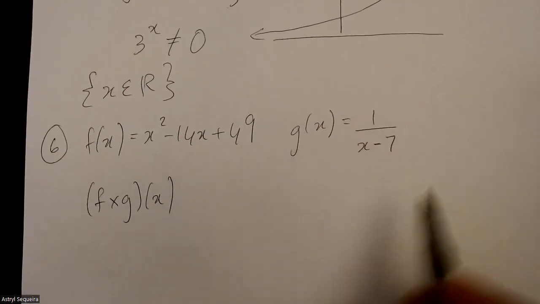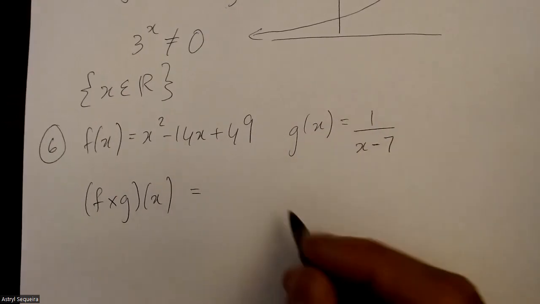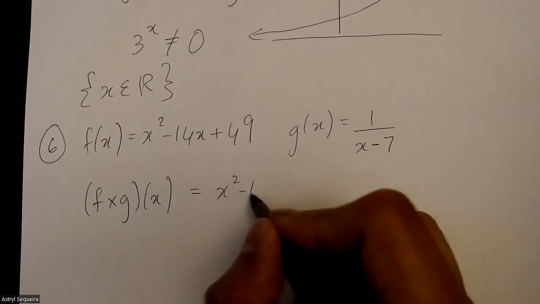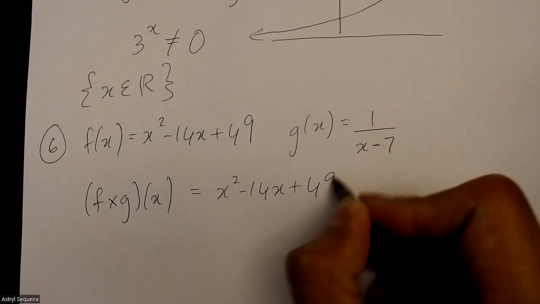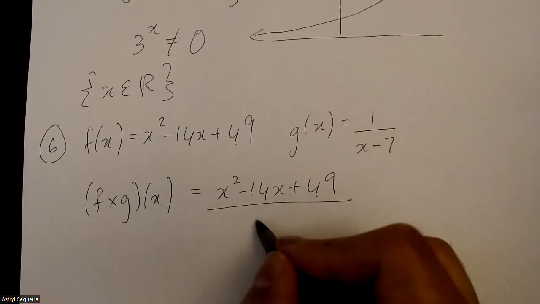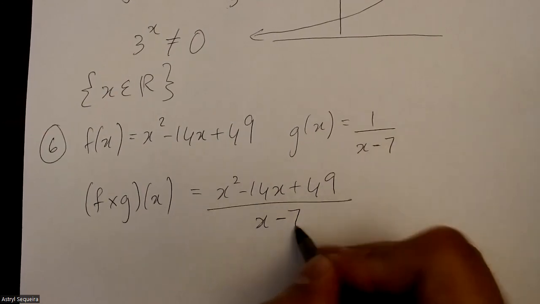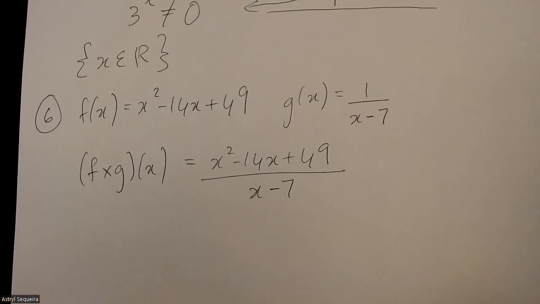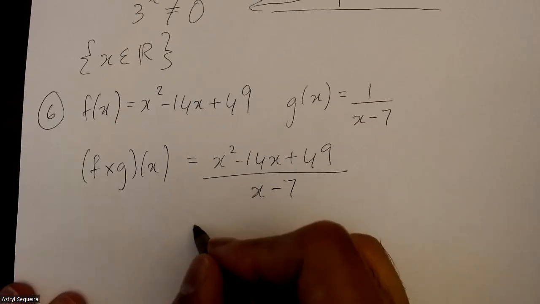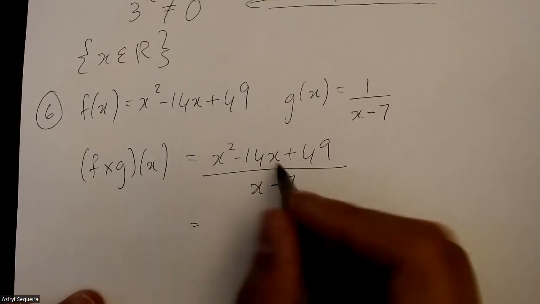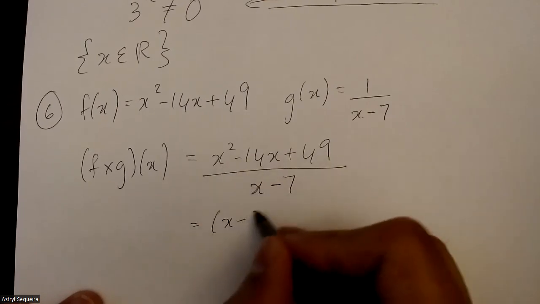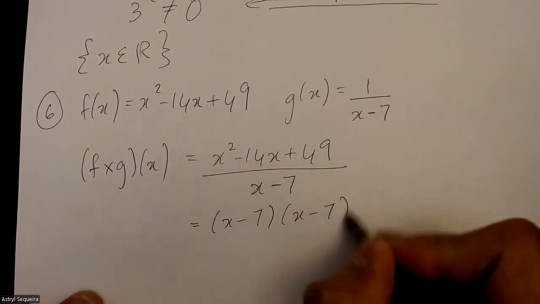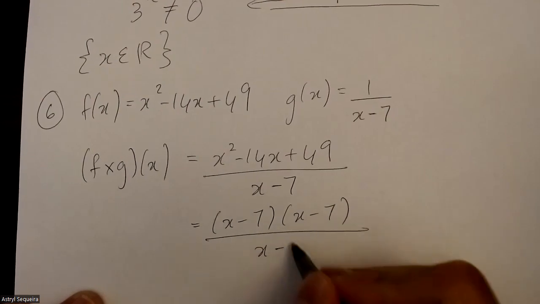So let's start by multiplying these two functions. If I multiply these two functions, I'll just get x squared minus 14x plus 49 over x minus 7, which is, if I factor the top, x minus 7 times x minus 7 over x minus 7.